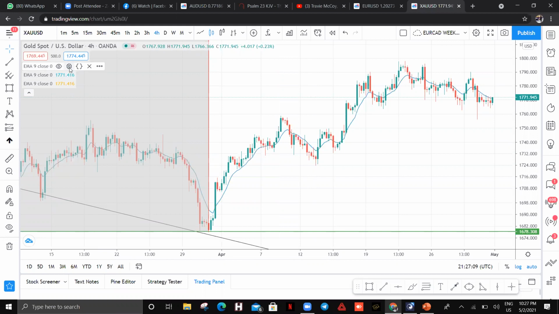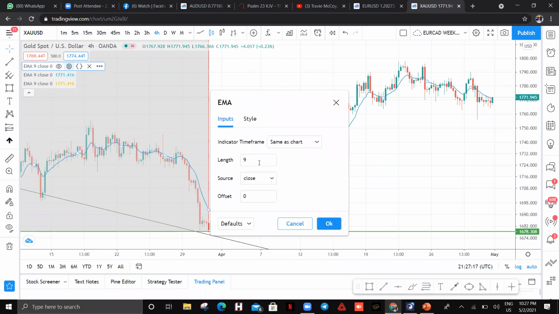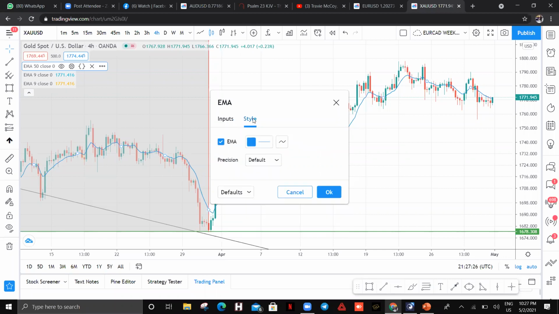Now, this sign here is the settings for you to change the settings of the moving average. So if you click on it, you change it from 9 to 50. The colors are different, so there's no point for you to change the color anymore. You can make it thicker if you want to. You click on it.